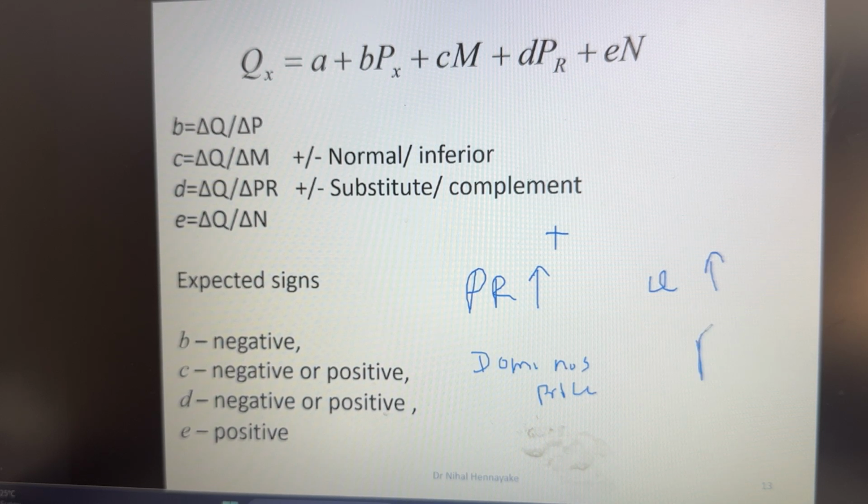This is pizza demand. Okay. If Domino's price goes up, what will happen to the pizza demand? Increase. So what is the relationship between Domino's pizza and the normal pizza?